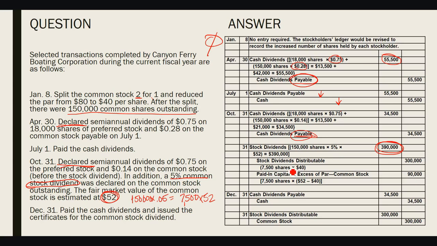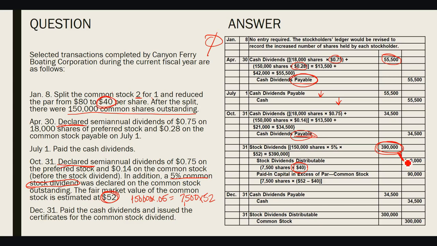Remember that common stock, or our stocks, must be listed at its par value when available. This stock does have a par value of $40. Remember, we did the stock split, so it's not 80 anymore, it's now $40. So we go in and say the 7,500 shares that we're going to issue at the $40 par is 300,000.